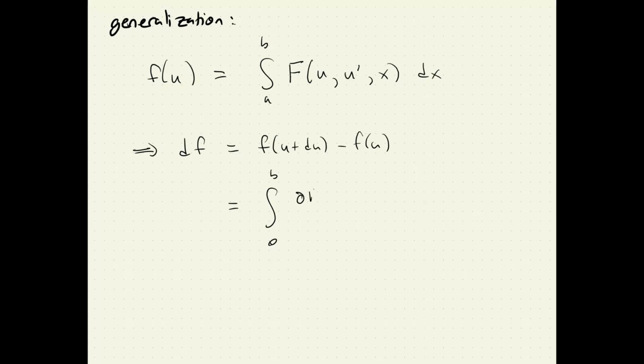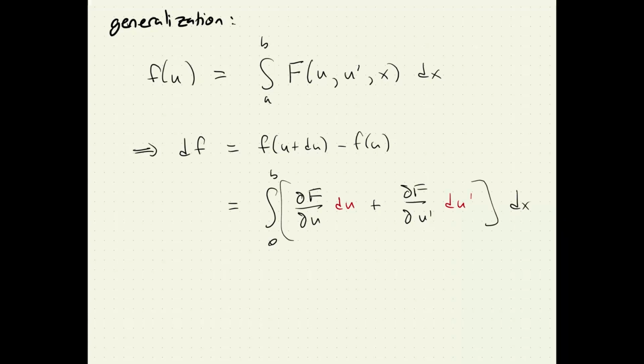partial f partial u. This is an ordinary 1801 partial derivative. I'm assuming u is a number. I guess it could be a vector or something like that, but let's just keep it simple. Times du. There's also a term that looks like partial f partial u primed times du primed times dx.